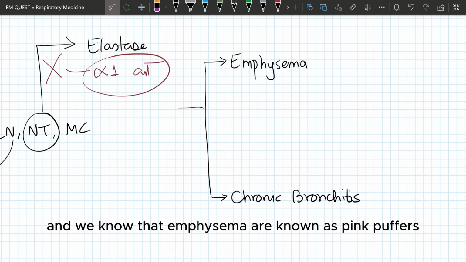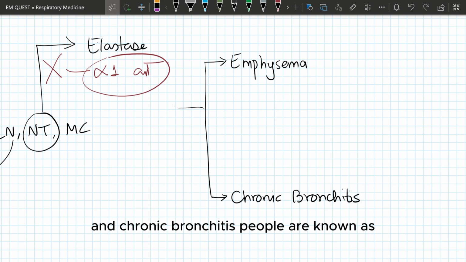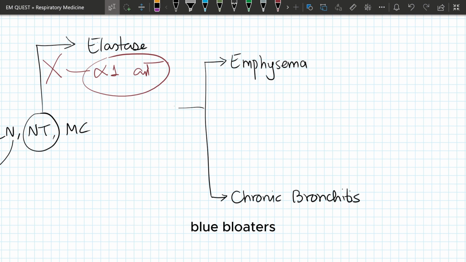And we know that emphysema patients are known as pink puffers, and chronic bronchitis patients are known as blue bloaters.